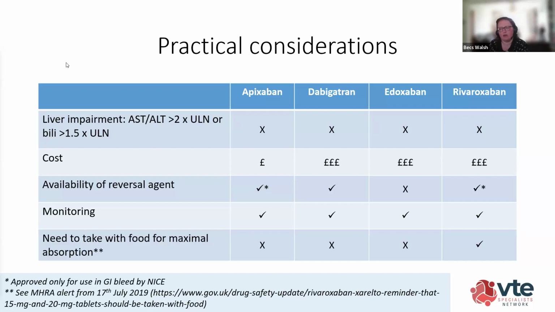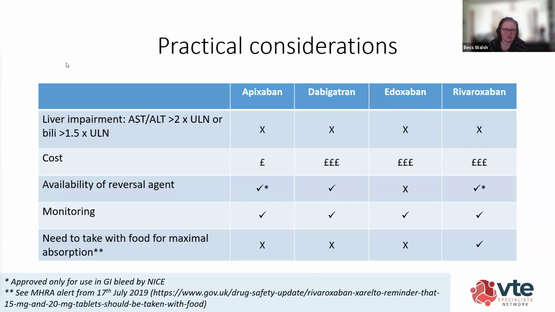I think where the liver function tests are limited is in giving you a sense of how the liver is functioning. So certainly locally, we look at bilirubin and we look at albumin and we look at platelets, and we try and zoom out a little bit to assess the function of the liver rather than just what the liver function tests are saying. They are tricky. The rivaroxaban SPC mentions the Child-Pugh score.